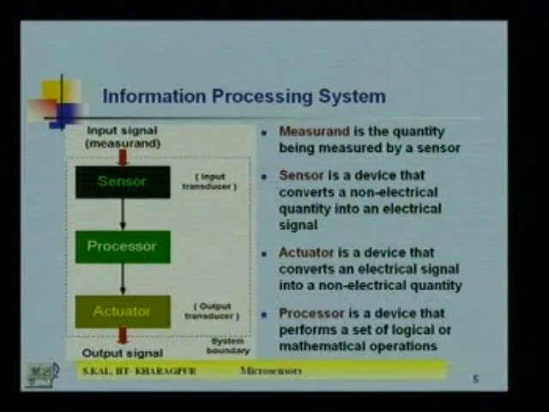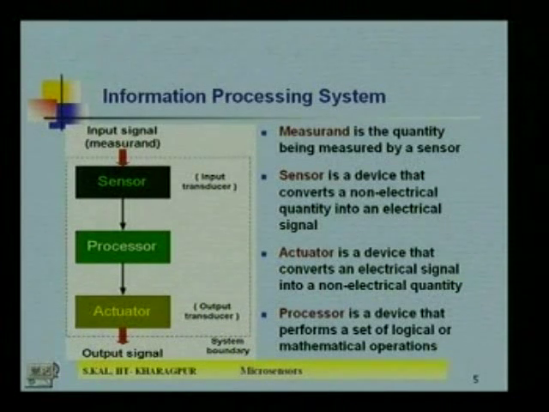Those are there to get back the original energy, say acoustic energy, into acoustic energy again, but in an amplified fashion or free of noise, etc. The actuator is always at the output side of the information processing system and gives the output signal, which is perceived by the people, and from there they will understand the quality of the input energy.